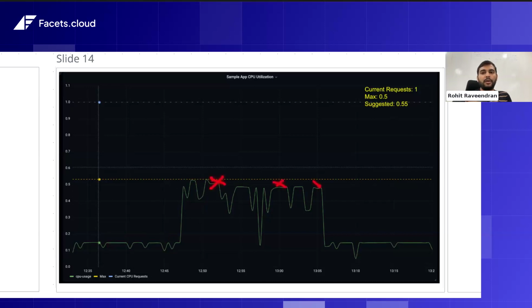This is a common phenomenon that you see across applications, that at certain times of day or certain times of the week your application will see an increased, elevated CPU or memory utilization, and then it drops back to normal.